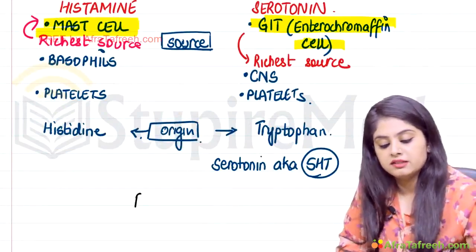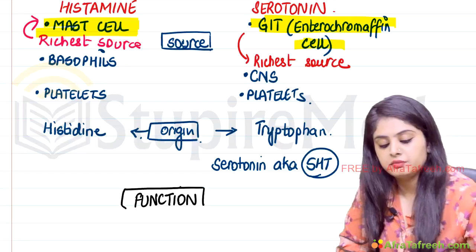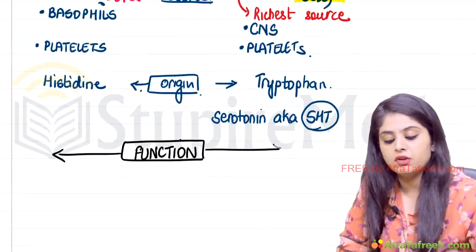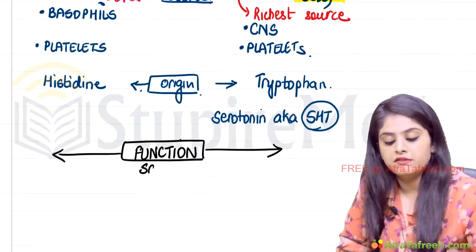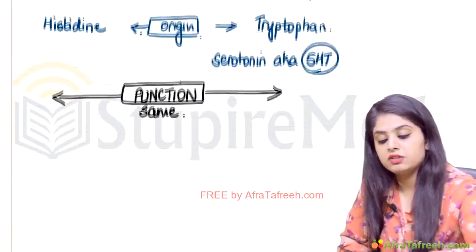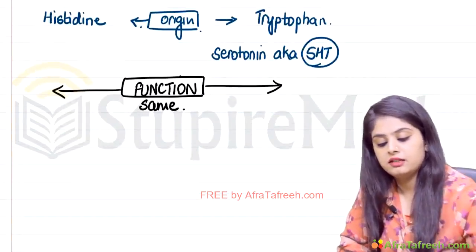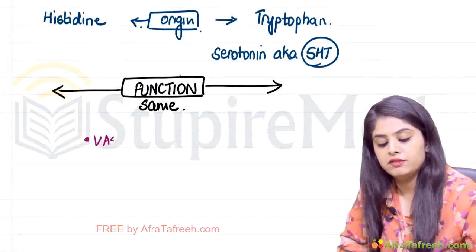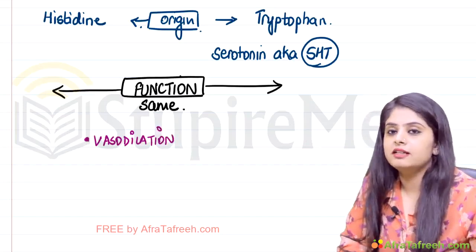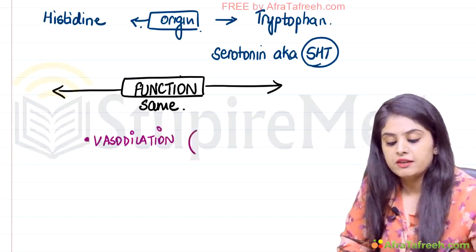What comes next is the actual thing that we are concerned with, the function. But the good news over here is that whether you're talking about histamine or serotonin, the function of both is the same. And what are those functions? First, it is responsible for vasodilation. But remember, there is a slight twist in the plot over here.